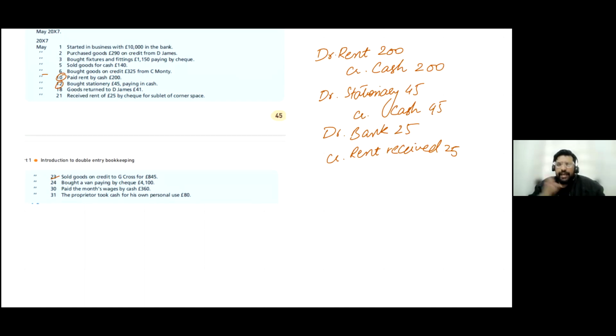Okay, and bank account would be credit. Paid the month's wages by cash. Wages is an expense. So debit wages. When expense increases, we debit it. And because we paid by cash, credit cash.